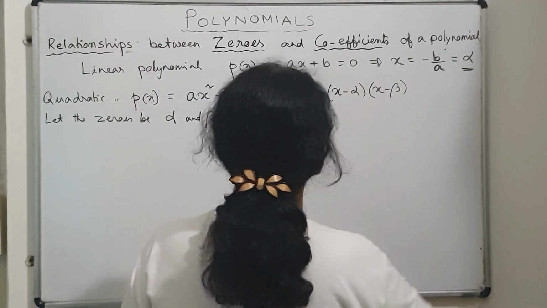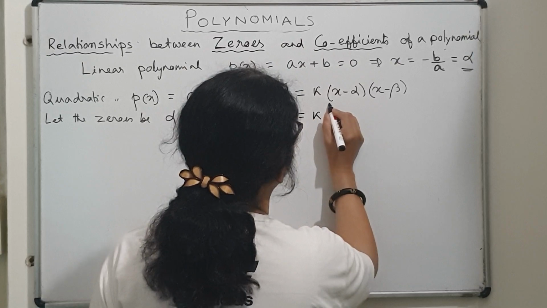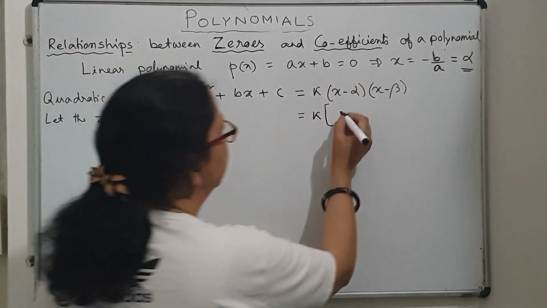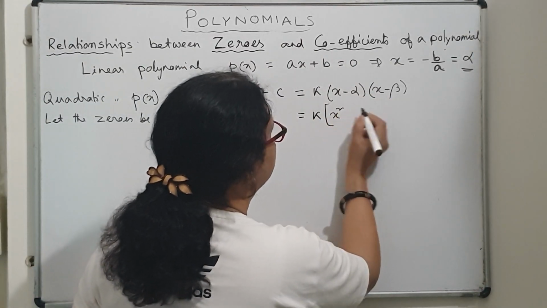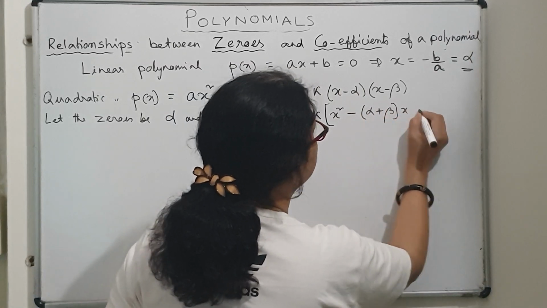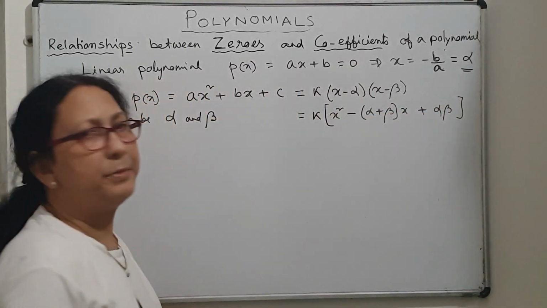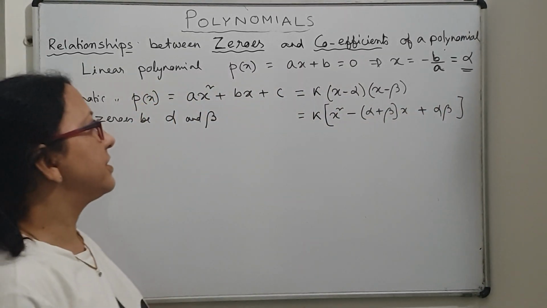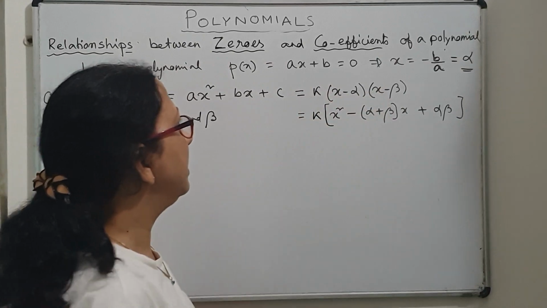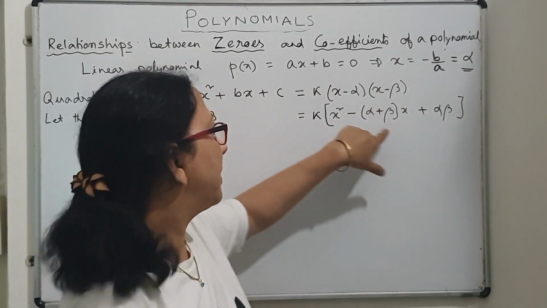So if I open this, then this will become k times x square minus (alpha plus beta) into x plus alpha beta, using the identity. You know which identity I have used. You have learned in 9th class that (x plus a) into (x plus b) is x square plus (a plus b) into x plus ab.